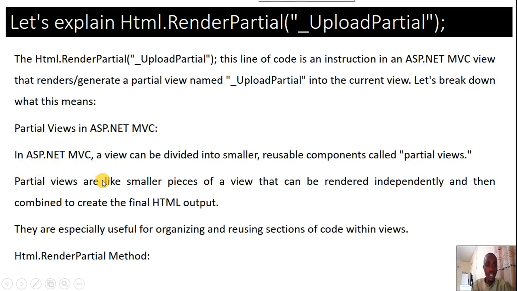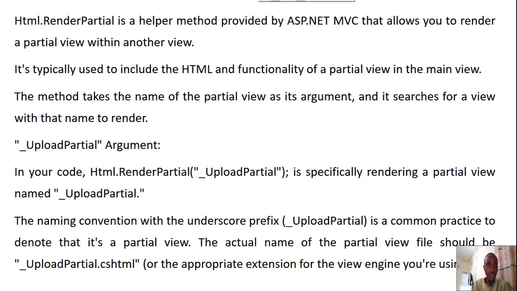In ASP.NET, a view can be divided into smaller reusable components called partial views. A partial view is like a smaller piece of a view that can be rendered independently and then combined to create the final HTML output. I think I have explained it. So let's not waste too much time. Let me go to the next slide.